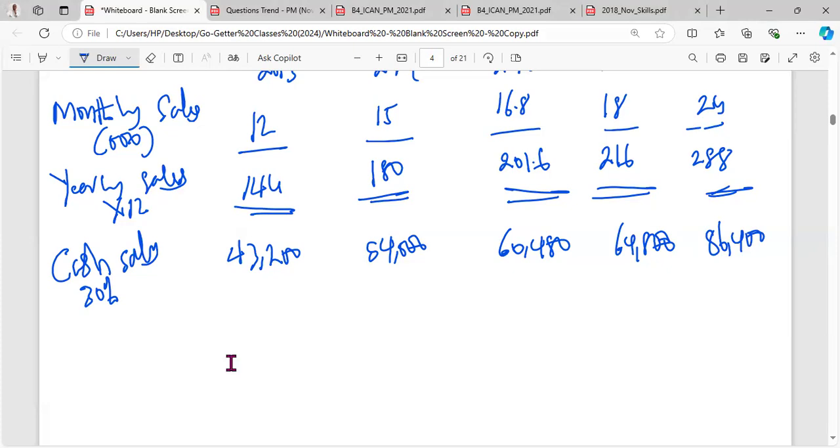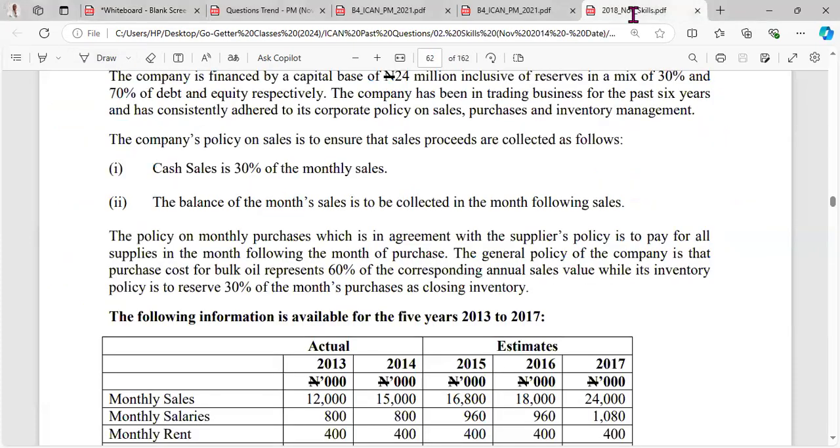It means that 30% of the monthly sales is cash. So what it means is that the cash sales for January is 30% of January sales. That of February is 30%. So all the yearly sales for the 12 months, they've collected 30% of it as your cash sales.